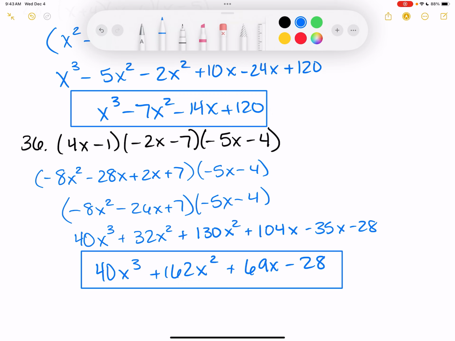Now, you could have also multiplied to begin with the second two terms and then simplified that and then multiplied by 4x minus 1. I've done that way before as well, and totally fine. You can do it either way. But anyways, any questions on that?